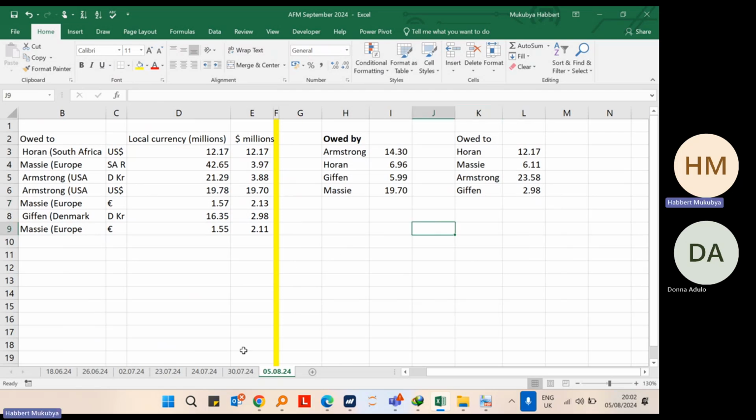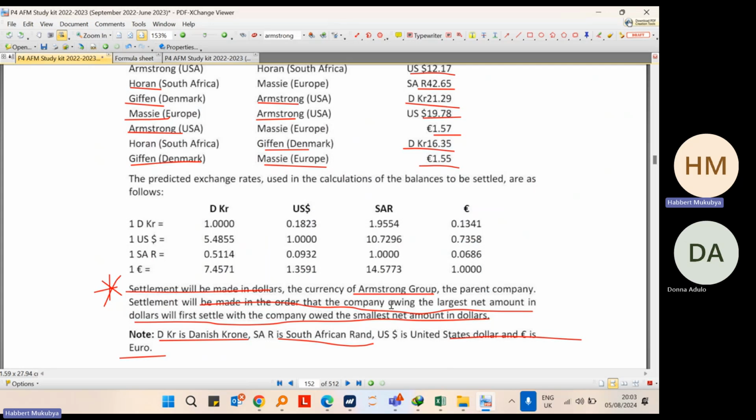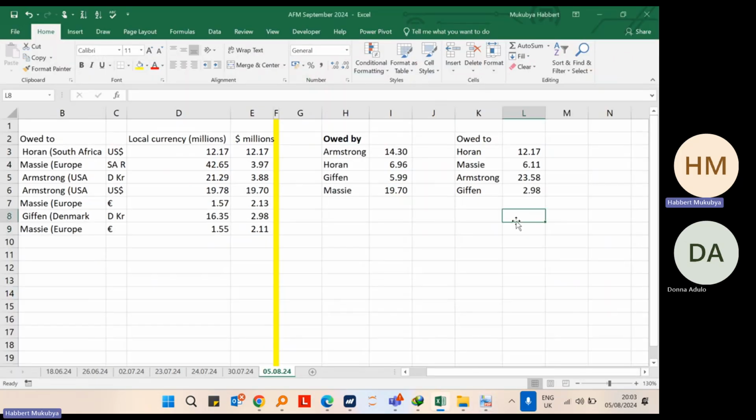Now, they said net amount because they said that the company owing the largest net amount in dollars will first settle with the company owed the smallest net amount in dollars. So you see, Giffen here is the one owed the smallest amount, 2.98.